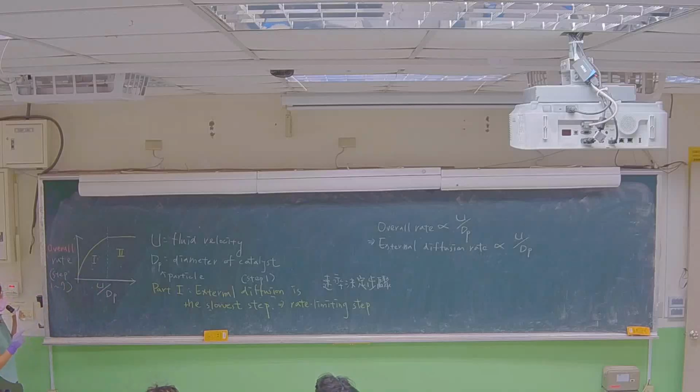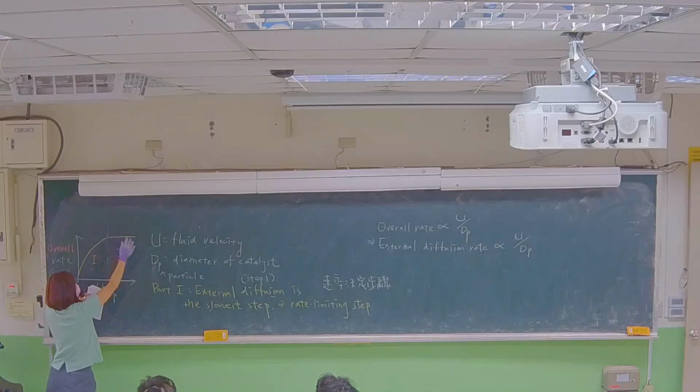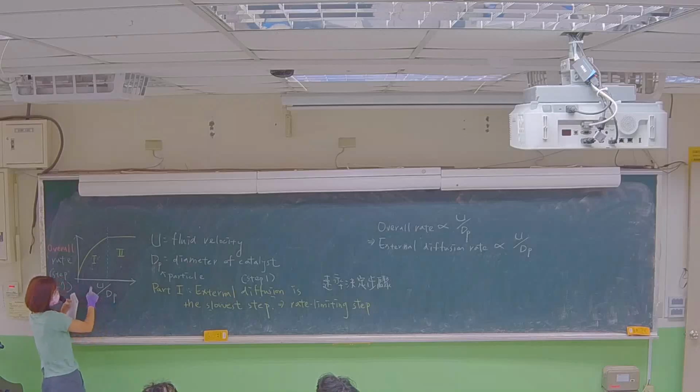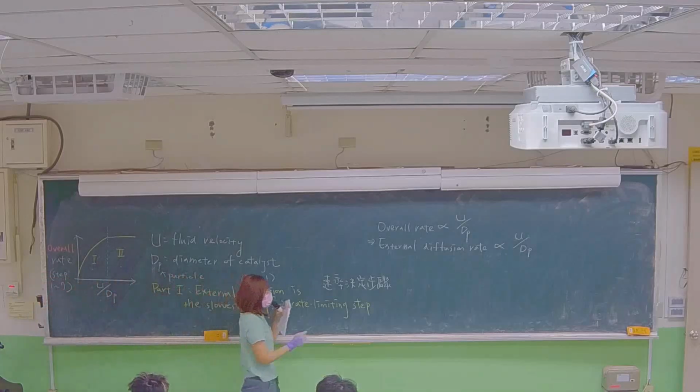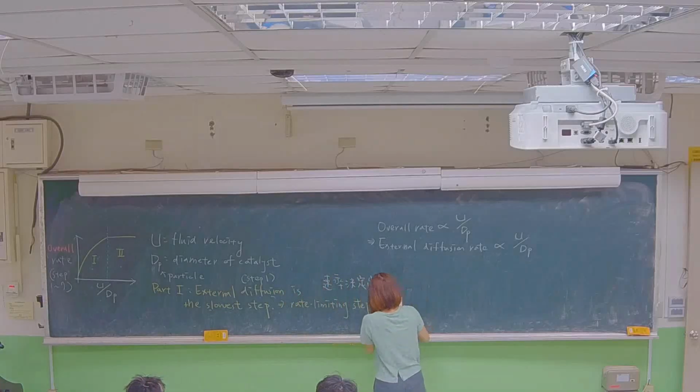Okay, and then at this region, part 2, when the particle becomes smaller or when the velocity becomes higher, we can go to this part, right? At this part, the external diffusion will be faster. So it is no longer the rate limiting step.